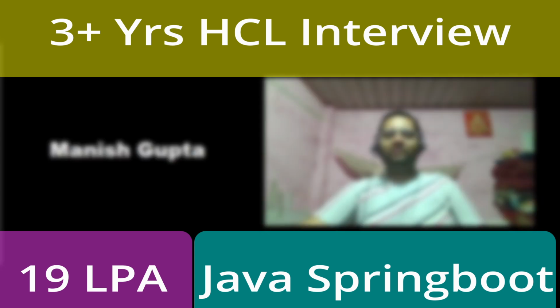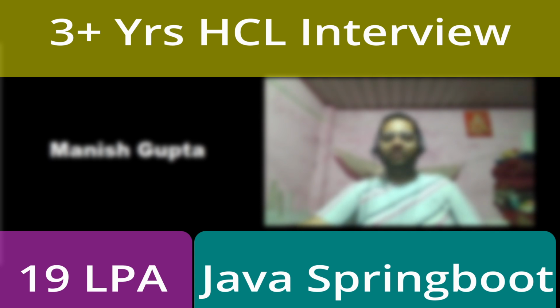Okay, can you explain what is Spring Boot Actuator? Yeah, Spring Boot Actuator provides production ready features to help monitor and manage Spring Boot applications. So as I told you, health is one of the ways we find out the health of the application.